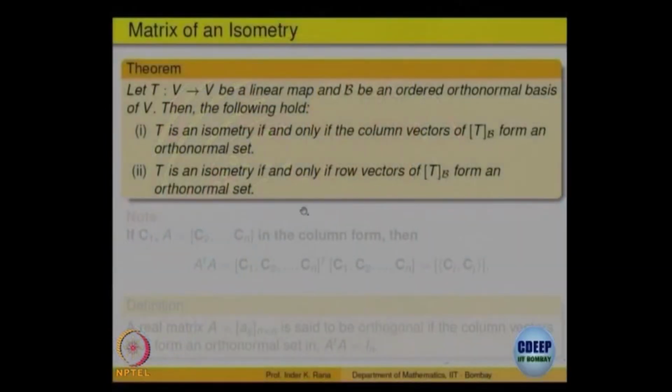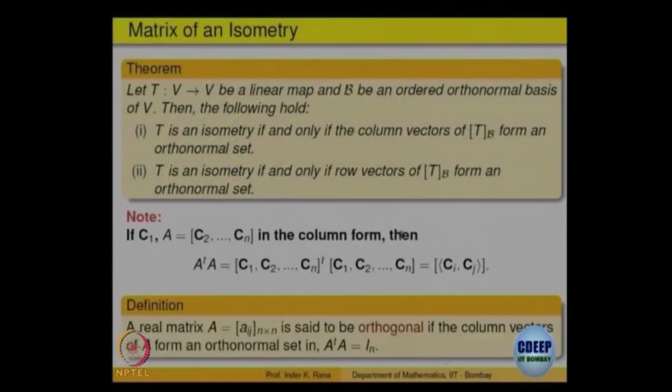So it says that if T is a linear transformation from one vector space to another, you take an ordered orthonormal basis of V and look at the matrix corresponding to that, then T is an isometry if and only if the column vectors are orthonormal, and equivalently the row vectors are also orthonormal. We will assume this theorem, but let us see what the consequences are.